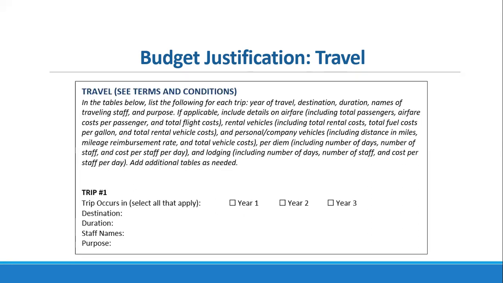First, you'll see a description of whether the trip occurs in year 1, year 2, year 3, or multiples of those. Broadly, the destination, duration, staff names, and a brief description of the purpose. Those categories can be pretty broad. If staff will be traveling to this location, sometimes, but maybe not in all of those instances, it's appropriate to list all of those staff.